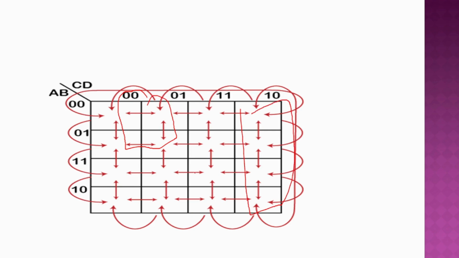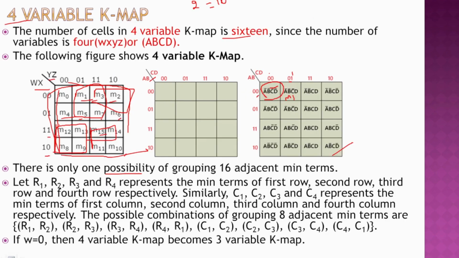These are all adjacent cells. For the last column, you fill the value like this, so the 4 last cells will be grouped together. If you have values, for example, here and here, you need to group the last 4 cells as one group like this.